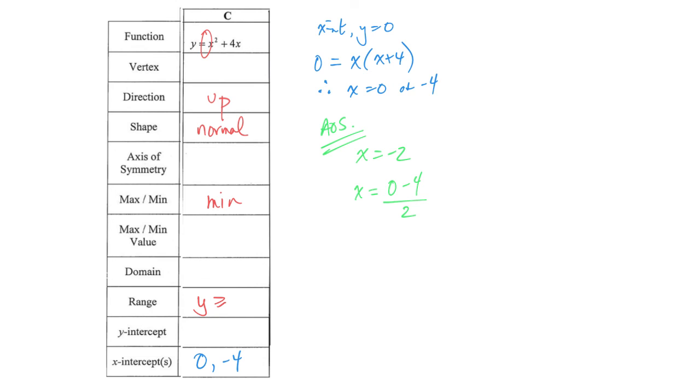However, I would argue to you that because we can just see those points, like almost picturing our parabola at 0 and negative 4, we can see that our axis of symmetry has to be at x equals negative 2. So maybe I go straight to x equals negative 2.